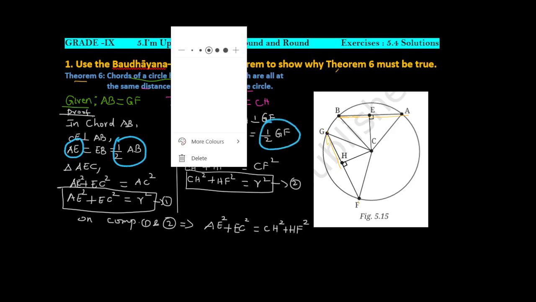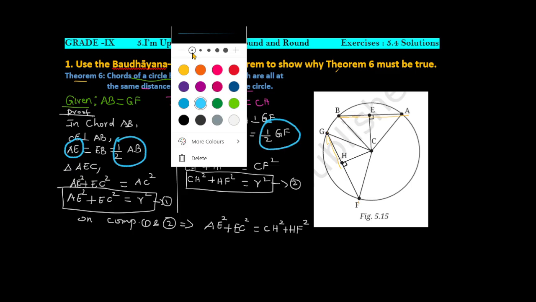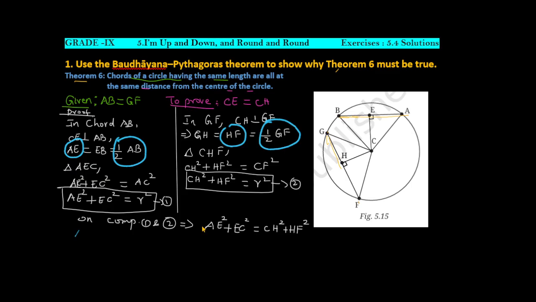So when we analyze that, what do we get? Our AE is equal to half of AB and our HF is equal to half of GF, and the given condition is AB is equal to GF. So these two are equal.